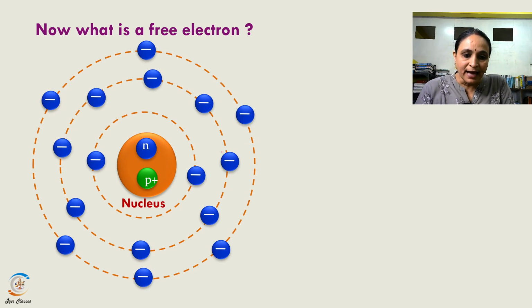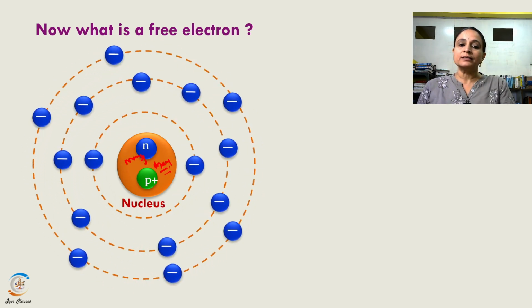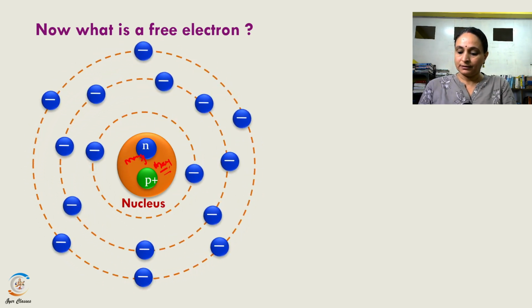Here we can see that it is not only the one proton, there are many protons and many neutrons, right? And whatever is the number of protons, that much number of electrons also will be there, and they will be all rotating around the nucleus in their fixed orbit, right?